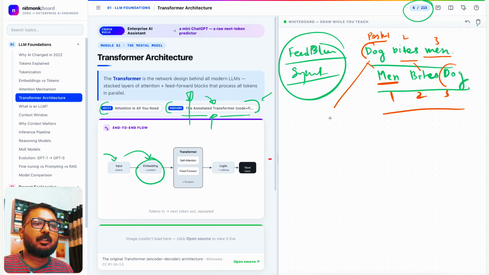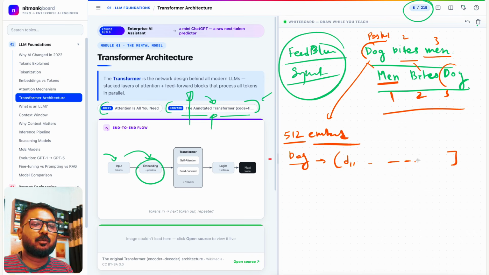Even if we do embedding, let's say we do 512 embeddings of dog, and we generate all these numbers, like D1 to D512. For these numbers, in the first sentence the embeddings will be one thing, and when we come to the second sentence, men bites dog, these dog embeddings will be different.